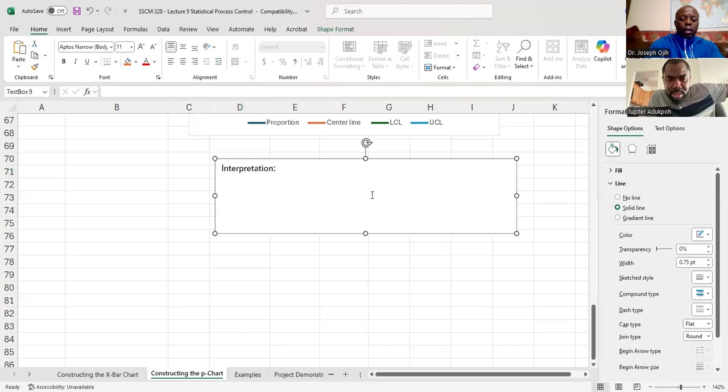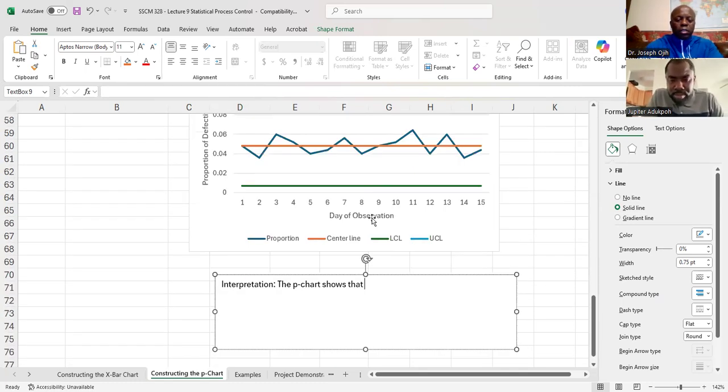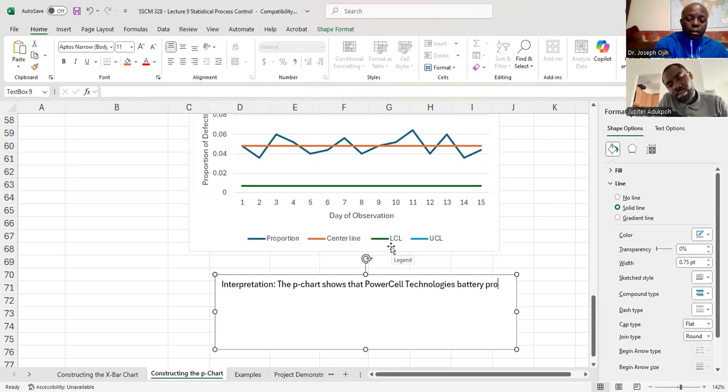The P chart shows that Power Set Technologies battery production process is under control.